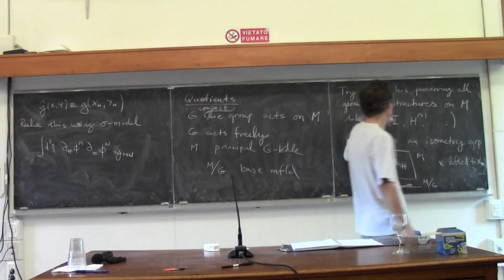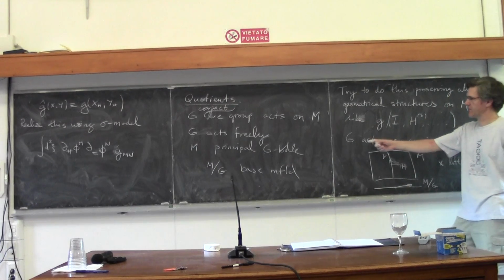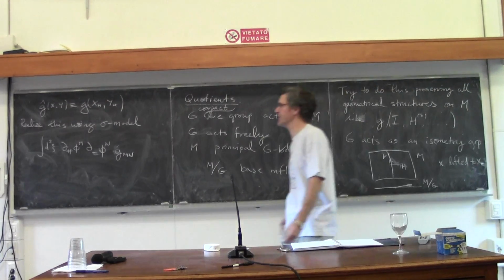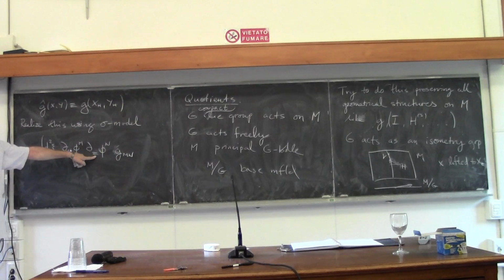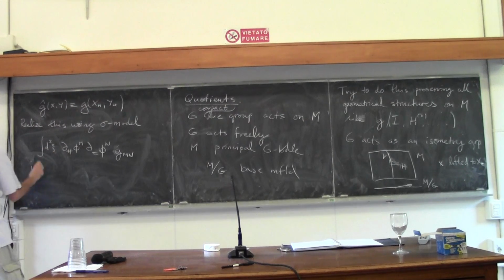We know now that the Lie group acts as isometry, which means, as we saw in the first lecture, that there is a symmetry of the sigma model.